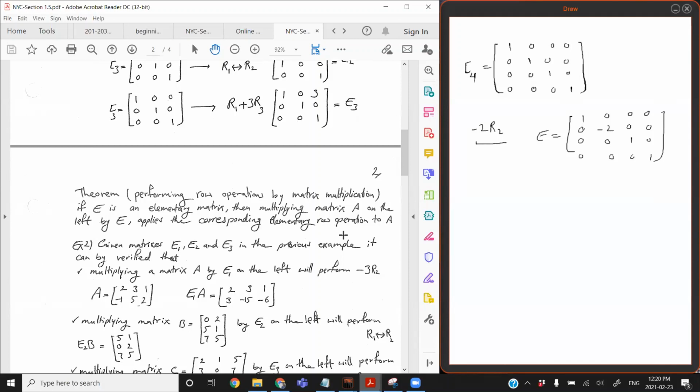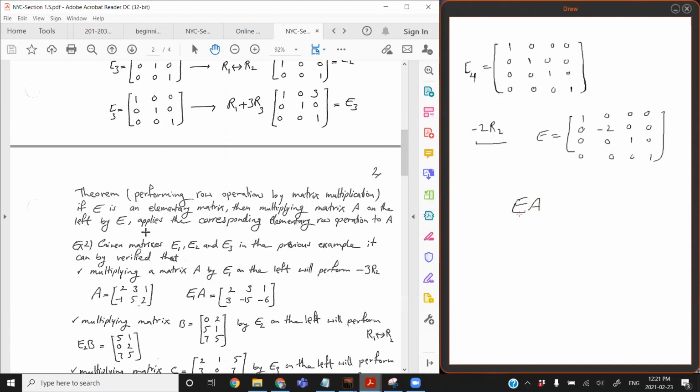So the theorem says, if E is an elementary matrix, then multiplying matrix A on the left by E, that is performing EA, applies the corresponding elementary row operation on A.